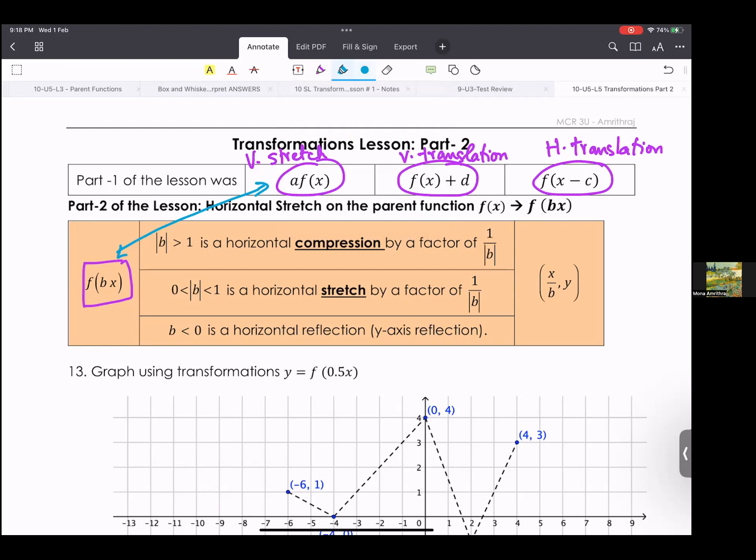And one ends up becoming a vertical stretch when you multiply the entire function by a, and the other one, when the x value gets multiplied by a factor of b, it becomes a horizontal transformation, okay? So there are 2 separate transformations, and as soon as you see a function, you should be able to recognize, okay, is it a horizontal stretch or a vertical stretch?